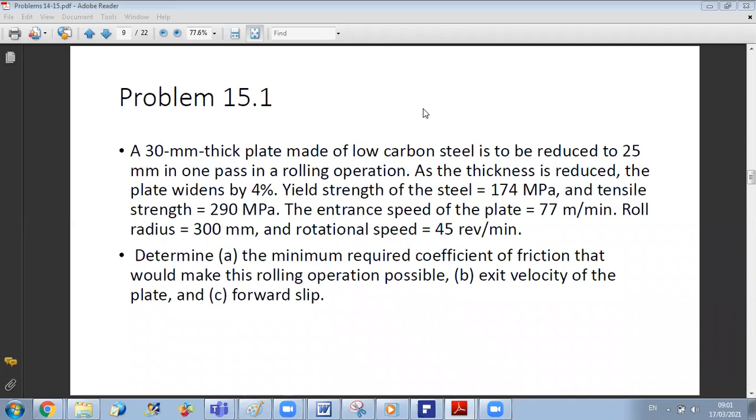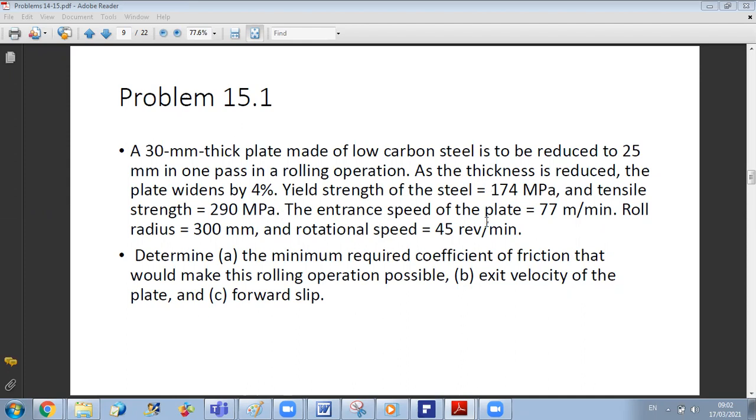A 30 millimeter thick plate made of low carbon steel is to be reduced to 25 millimeter in one pass in a rolling operation. As the thickness is reduced, the plate width will increase by 4%. Yield strength of steel is 174 megapascal and tensile strength is 290 megapascal.